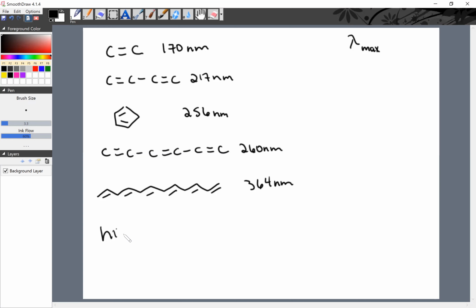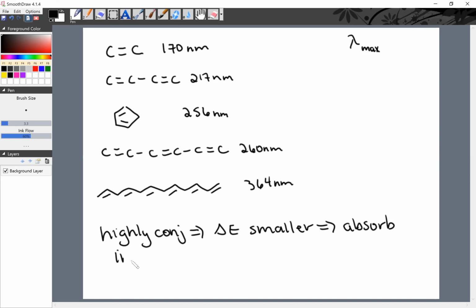So highly conjugated makes the delta E smaller. So it starts to absorb in the visible region.